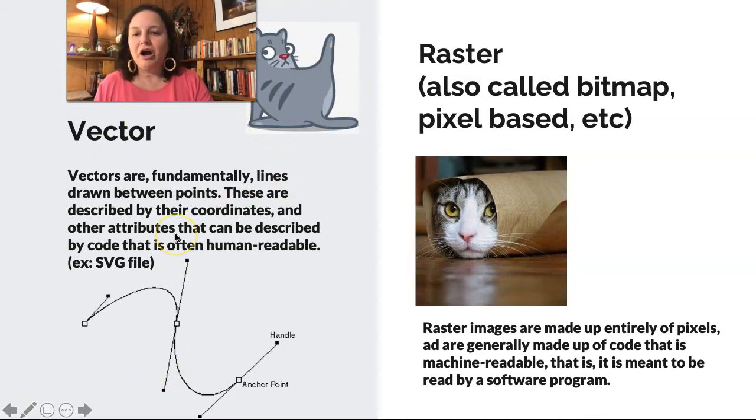Vector images are lines drawn between points, and the underlying structure of a vector image would be a bunch of coordinates, basically, like coordinates on an XY grid.